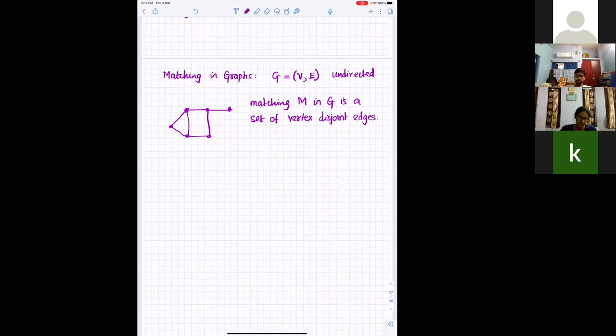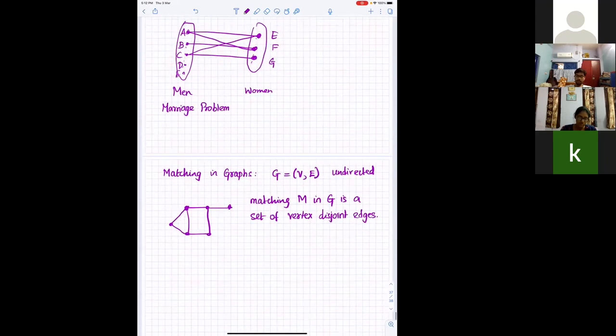So this is really motivated by the marriage problem. You cannot assign one woman to 2 men, right? So you want to find edges that do not share a vertex. So what do we mean by vertex disjoint edges? Let me just number the edges so that it's easy for you.